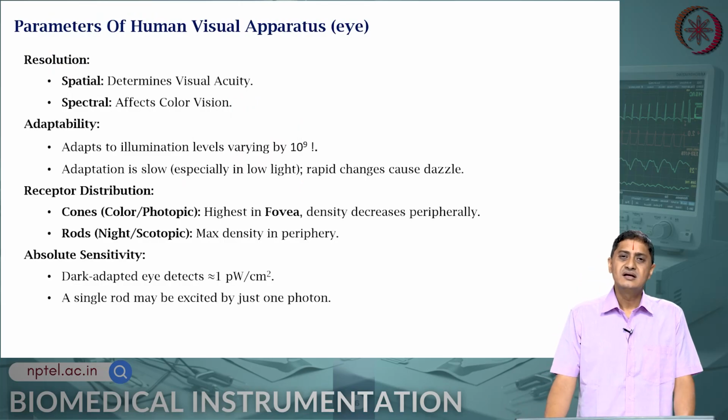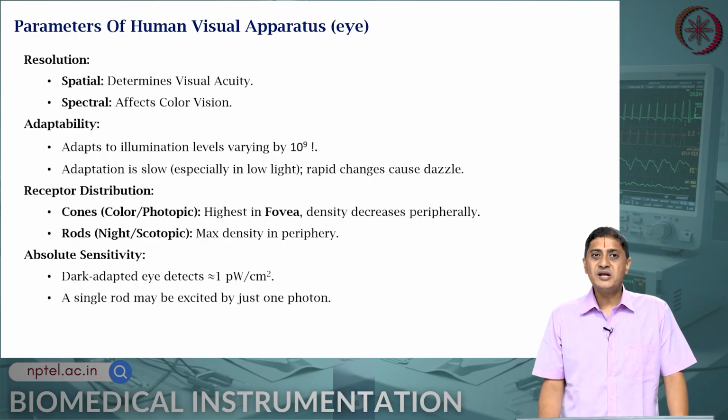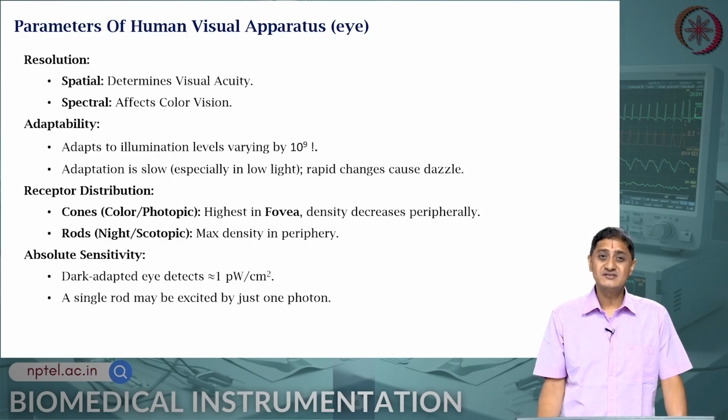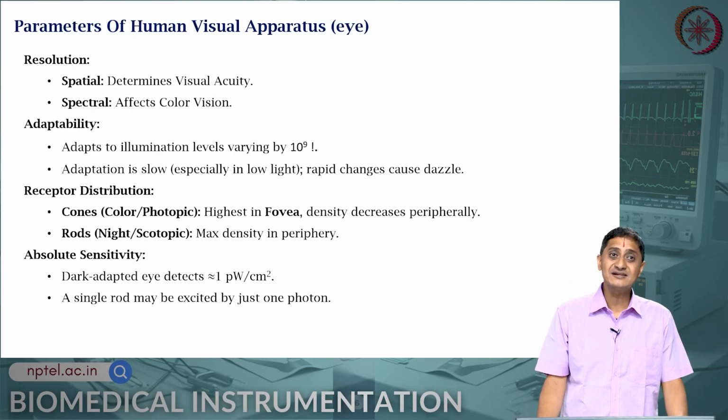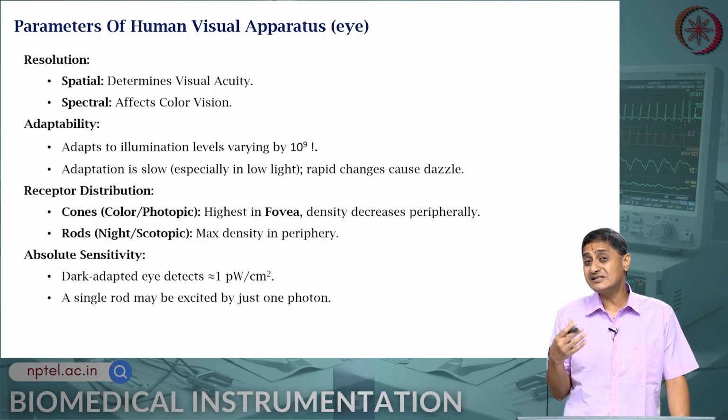And then there are two types of resolution. One is spatial resolution, how much space or how much distance you can resolve. The other is spectral resolution, whether you can distinguish colors, contrasts.